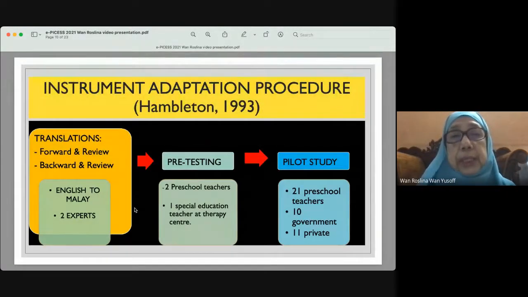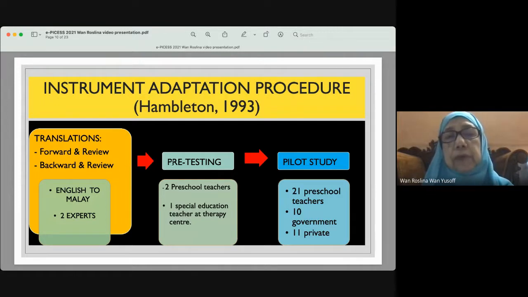During the instrument adaptation procedure, Hamilton suggested 6 steps actually. The first 4 are the translation steps: forward translation, English to Malay, and review, and then backward translation, Malay to English, and then review again.